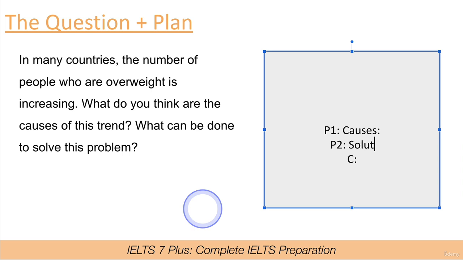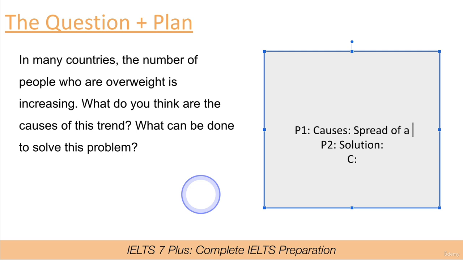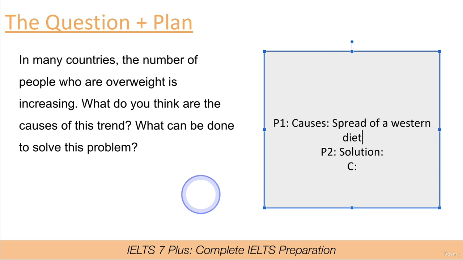Okay, so let's do a causes paragraph and a solutions paragraph. So what is causing this phenomenon? Well, maybe the spread of a Western diet, perhaps, which is filled with saturated fat.